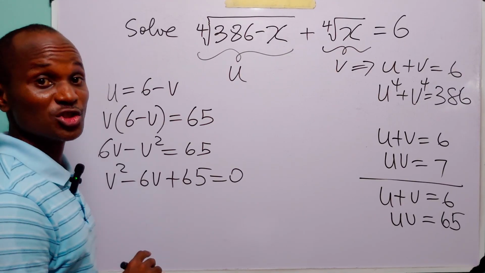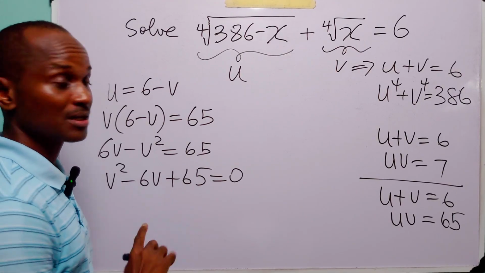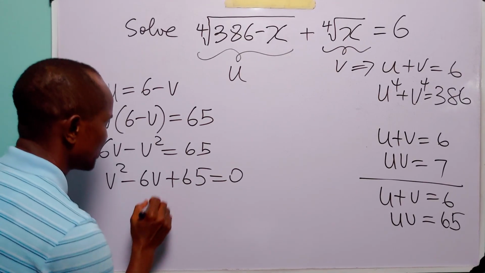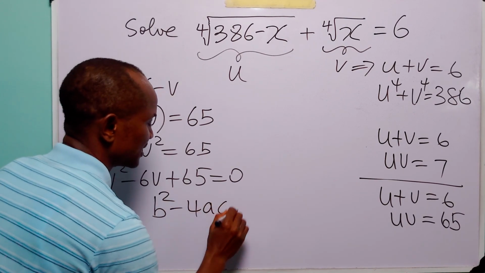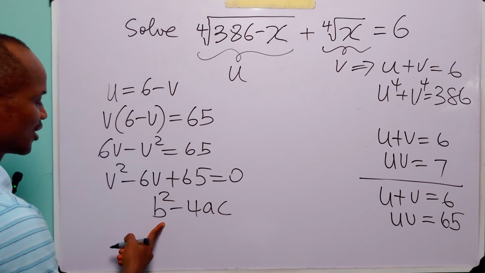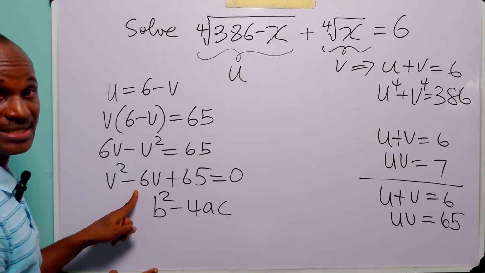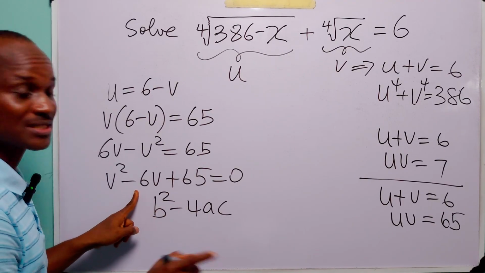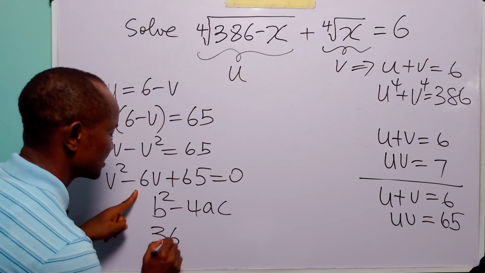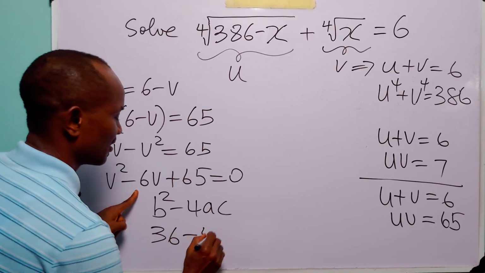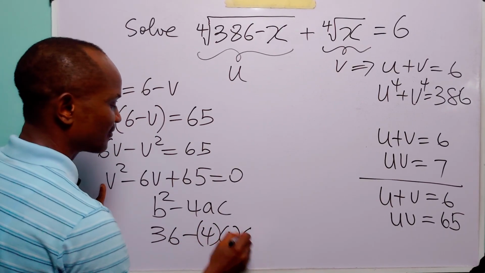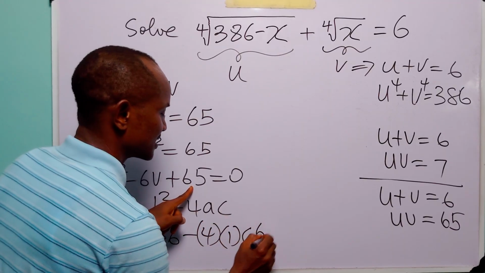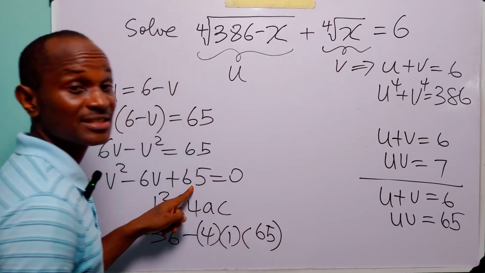This equation does not have real roots. Let me prove that to you. We have the discriminant, which is b² - 4ac. b is -6, b squared is (-6)², which is 36. We have 4, we have a, which is 1, and we have c, which is 65.